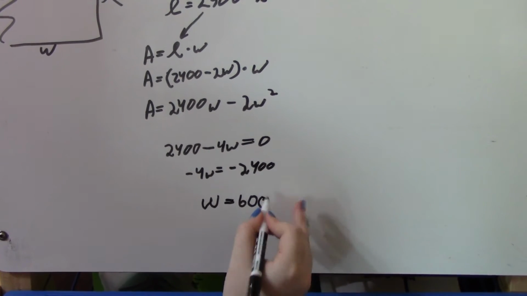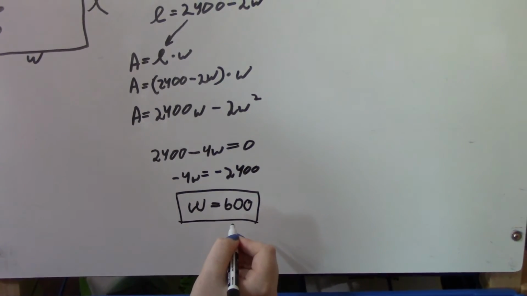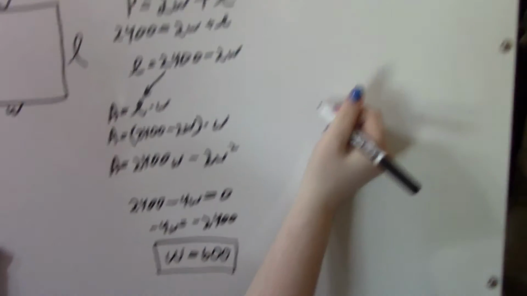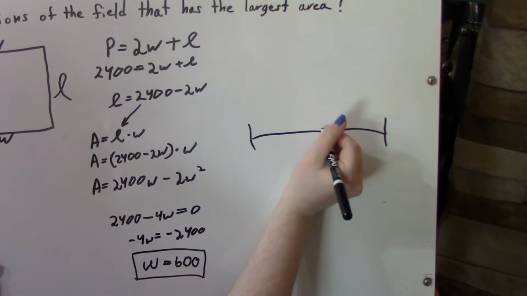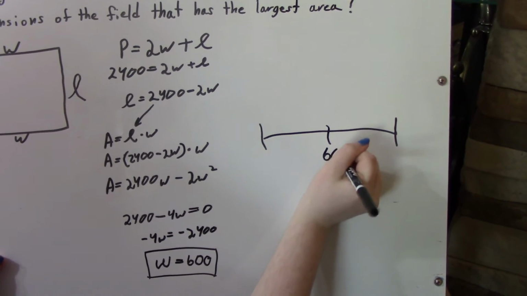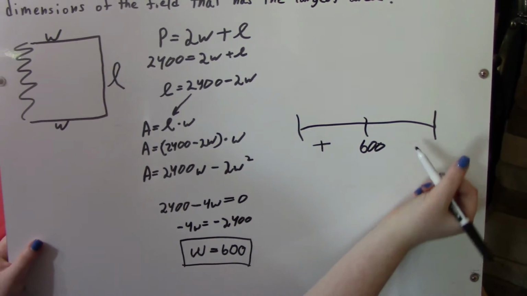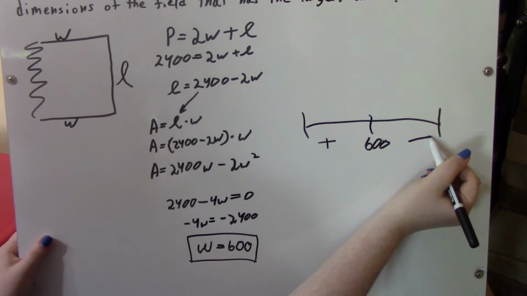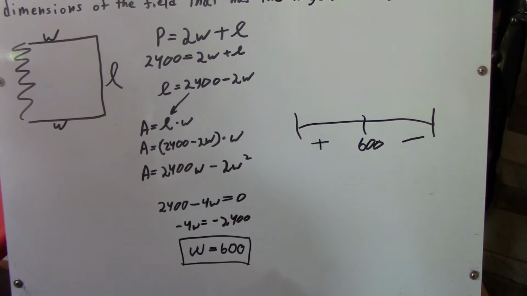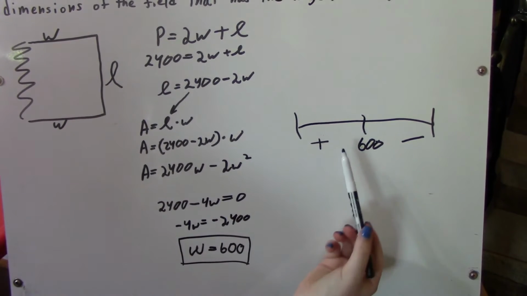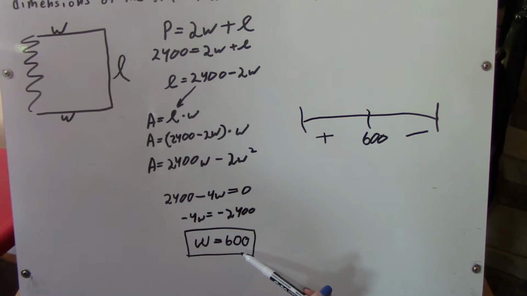Okay, 600 turns out to be our maximum value. We can also check it on our number line. With 600 being here, the values before that on our graph are increasing, and after that they are decreasing, which means that it changes from positive to negative at 600.